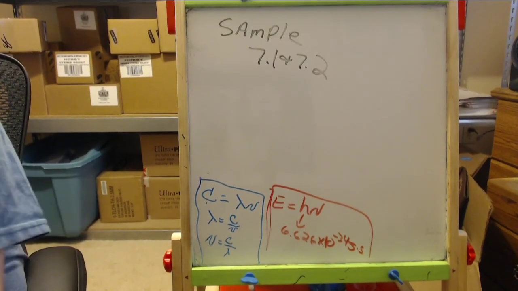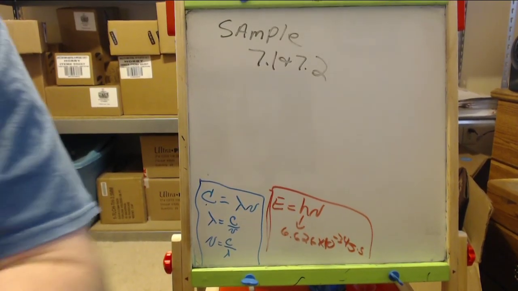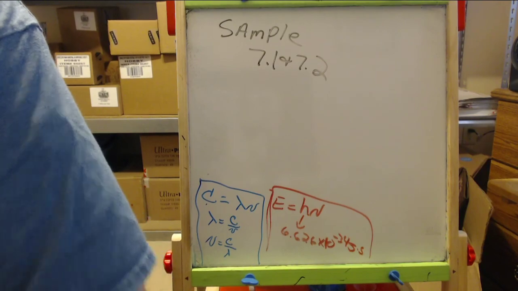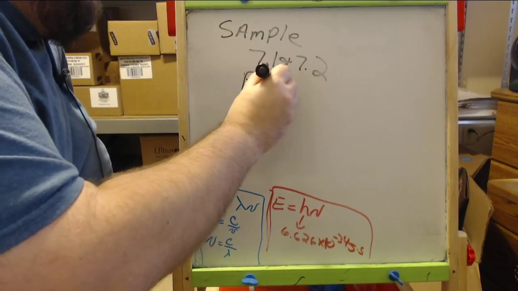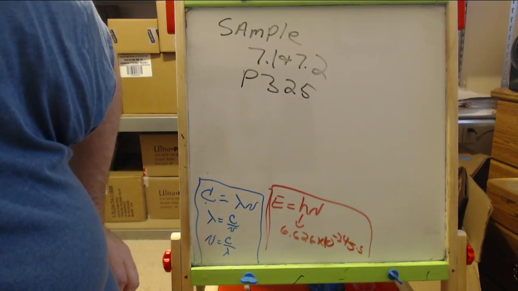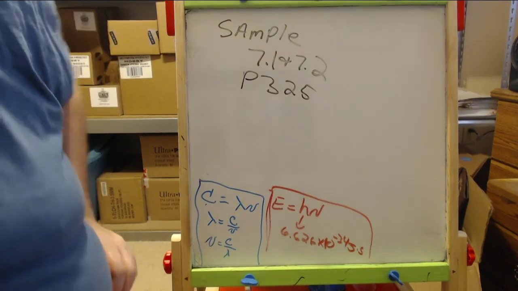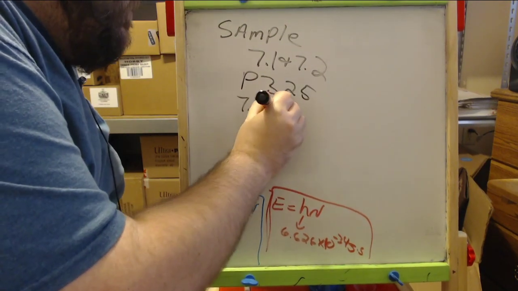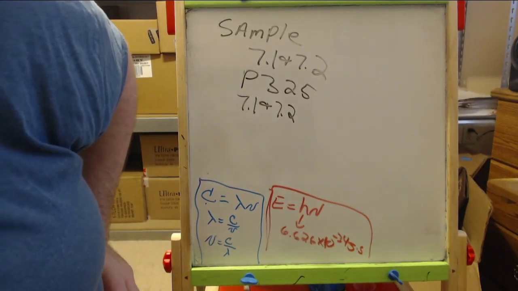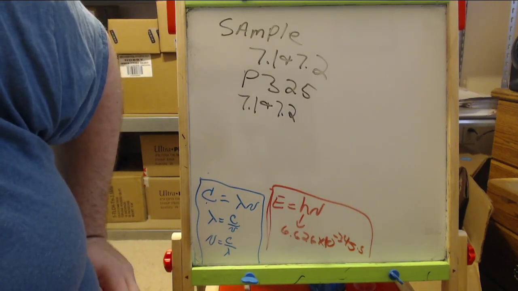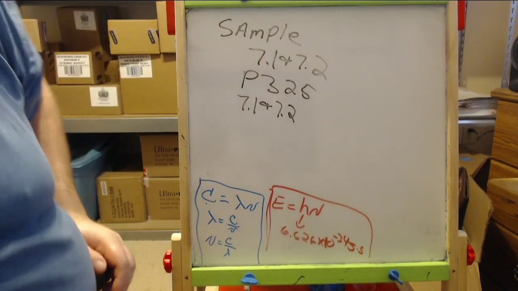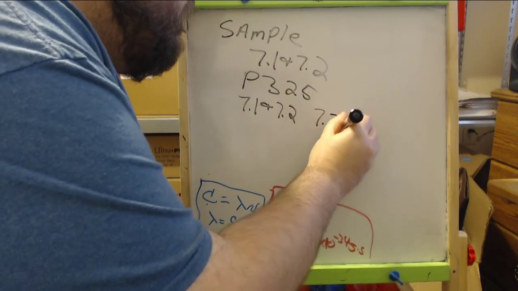And then in the book, we're on page 325: 7.1 and 7.2, and 7.7 to 7.14.